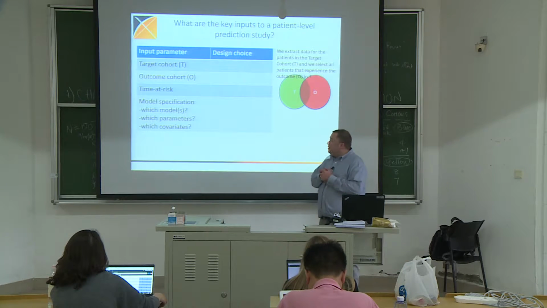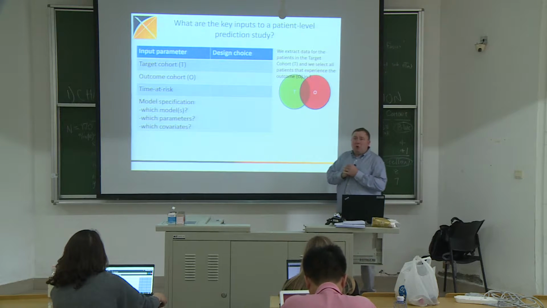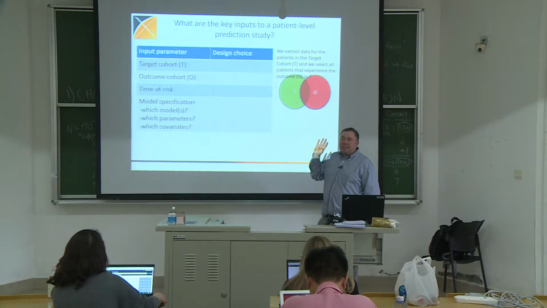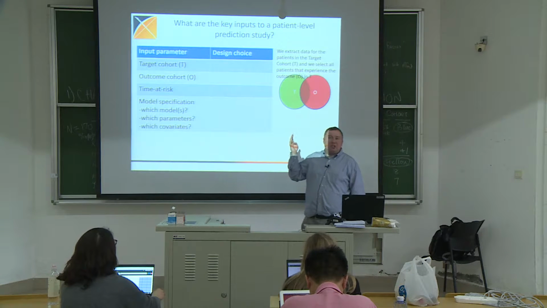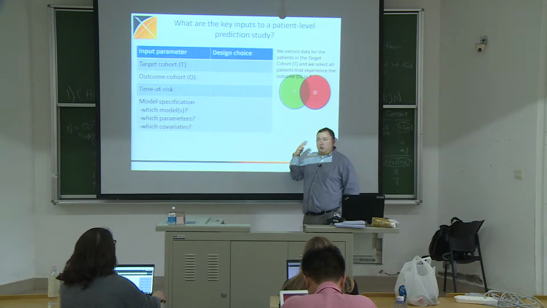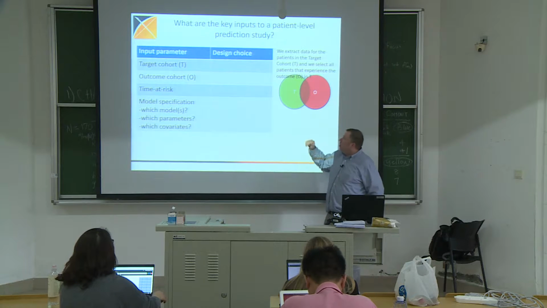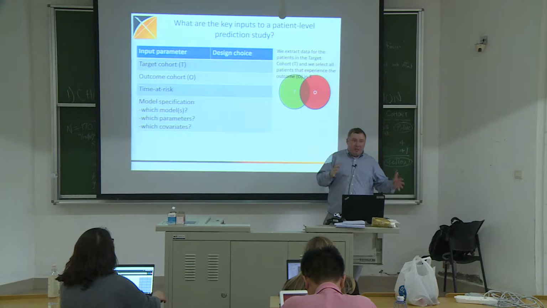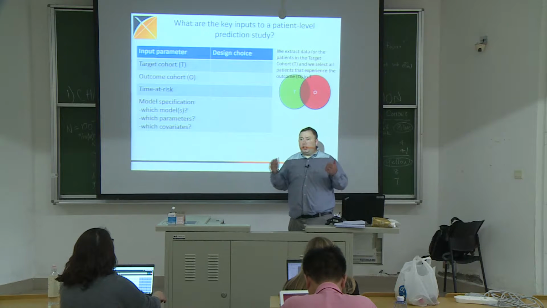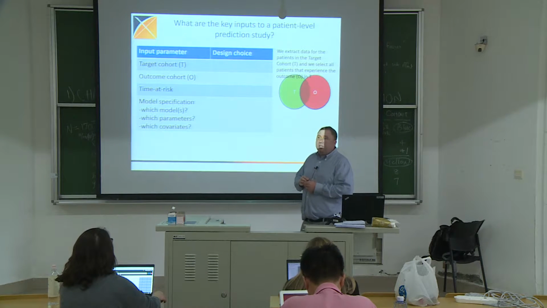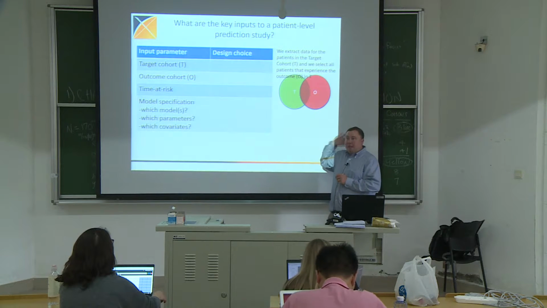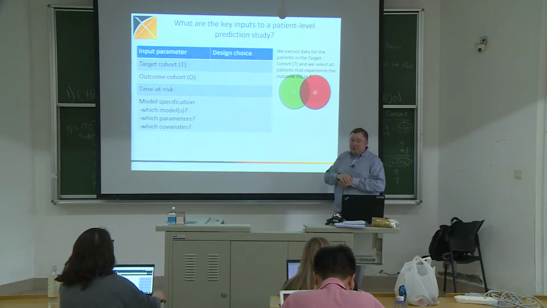What that means is that you actually only need to define 4 things when wanting to specify a good prediction study that you'd like to do in observational data. You need to define a target cohort, so that's the people that you want to produce a prediction for. You need to define an outcome cohort, so that's the outcome that is experienced sometime in the future.